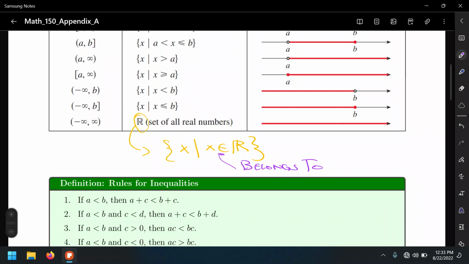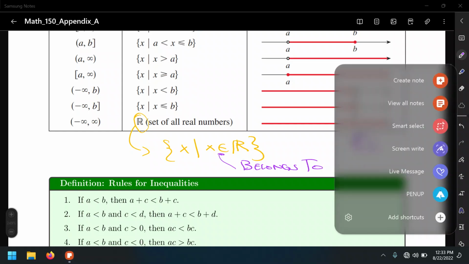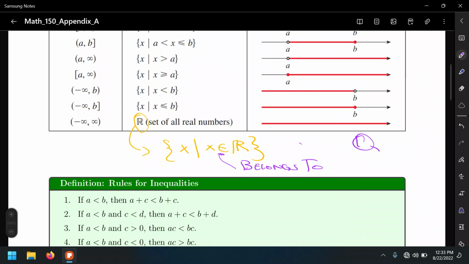So this little R in fancy notation means a set, in the same way that Q, in this stylish way, means all the rational numbers, and the natural numbers. C is for the complex numbers. It's the set of all numbers. It's not a variable, right? It's just a symbol to describe a particular set in this case.